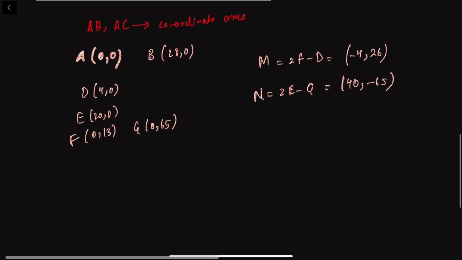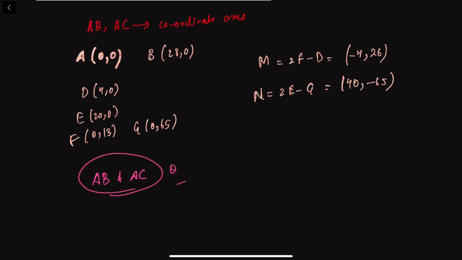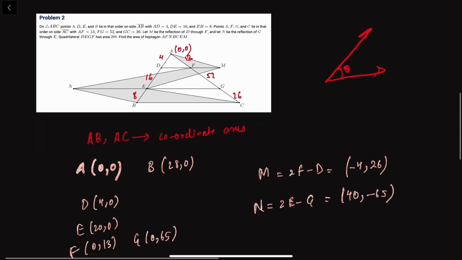Now AB and AC are inclined at an angle theta, so let's consider the inclined coordinate system with angle theta.